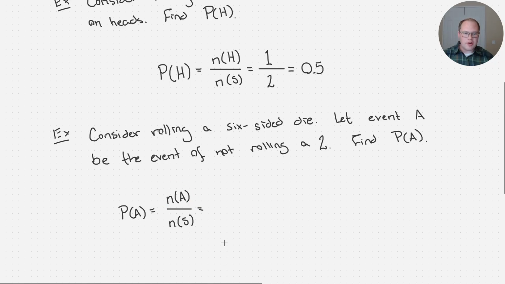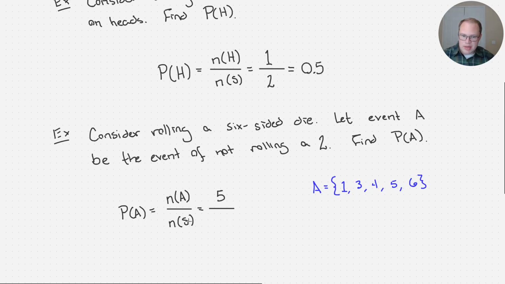So how many outcomes are there in event A? Well, let's count. Event A is the event of not rolling a 2, so everything but a 2 is okay. That could be 1, but not 2, or 3, or 4, or 5, or 6. Everything that's not a 2. And we want the number of outcomes in event A. So that's 1, 2, 3, 4, 5. There are 5 ways that event A can happen.